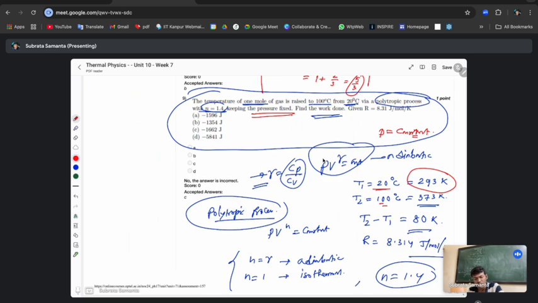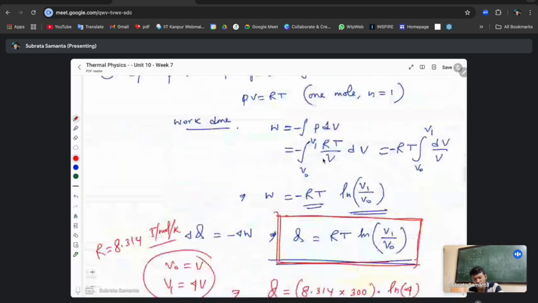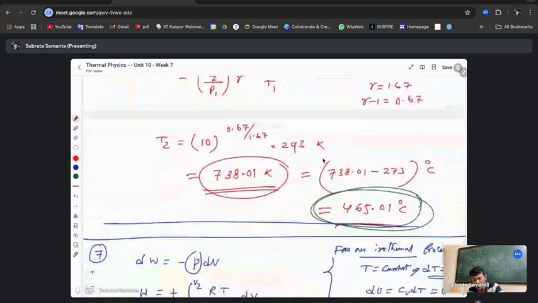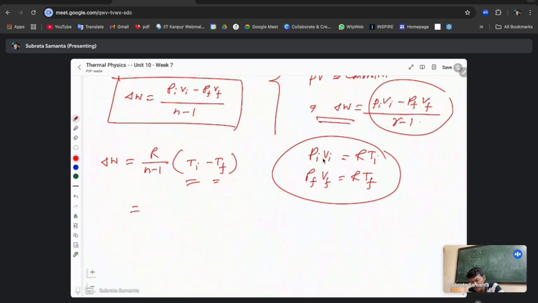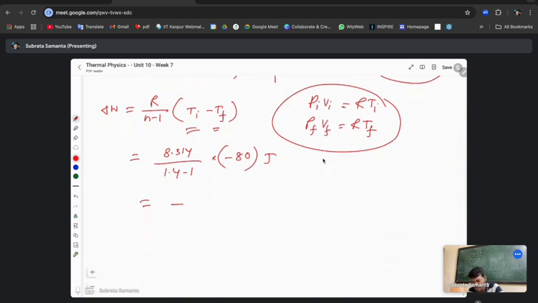T2 minus T1 is 80 Kelvin, so T1 minus T2 is minus 80 Kelvin, right? So the R value is 8.314 over 1.4 minus 1 times minus 80, right? This is in joules, so it equals minus 1662 joule.